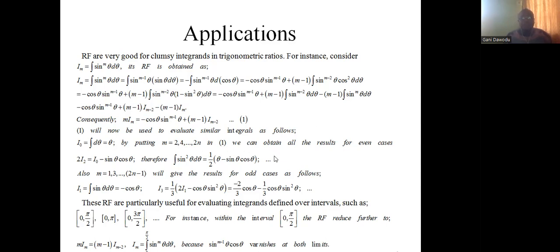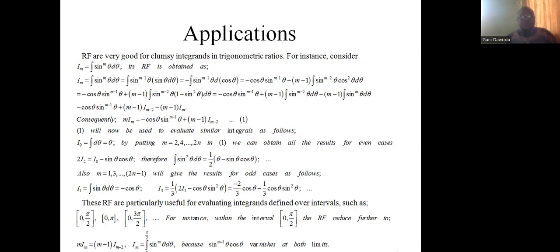When n is even, the result, okay, this is an instance where n is 2, even, is different from when n is odd, which is an example of what I have here. And again, there's something that is worthy of note, the interval. If it is to evaluate the integrand in an interval, then some other things will also come in.